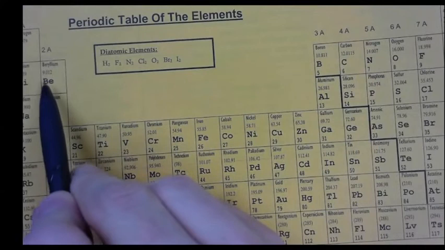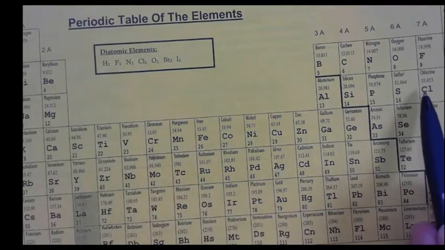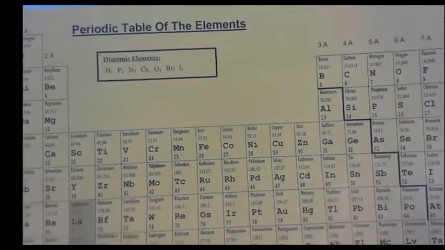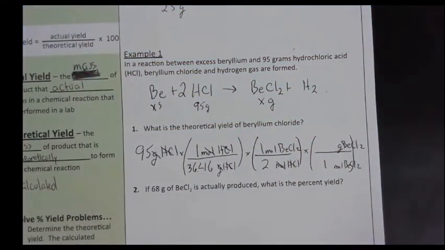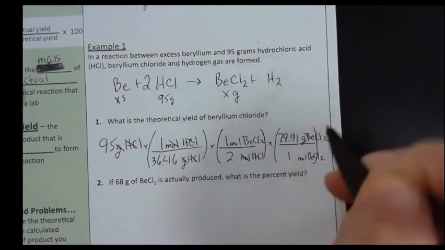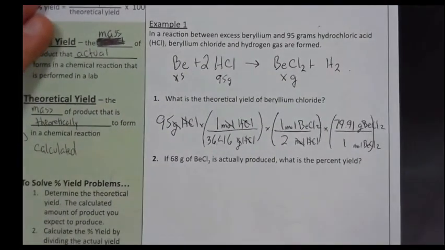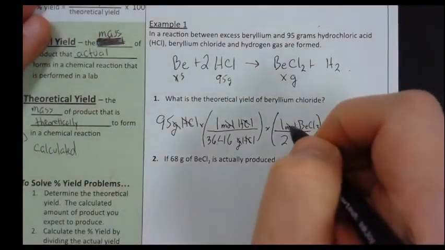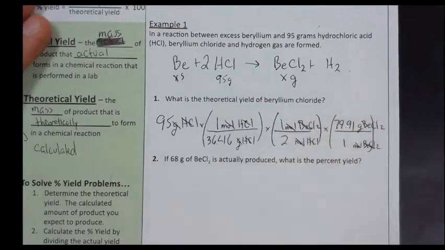So we've got 1 beryllium, which is 9.01, and we've got 2 chlorines that are each 35.45. So we'll get our calculator out here. Times 2 plus 9.01. And our molar mass of product is 79.91 grams. So now we've got everything set up and all the labels canceled out that will cancel out.